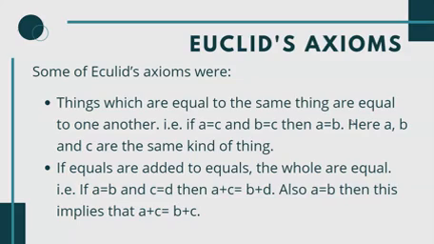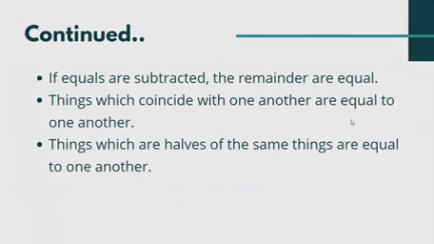If equals are added to equals, the wholes are equal. That is, if A is equal to B and C is equal to D, then A plus C is equal to B plus D. For example, a line cannot be added to a rectangle, nor can an angle be compared to a pentagon. If equals are subtracted from equals, the remainders are equal.